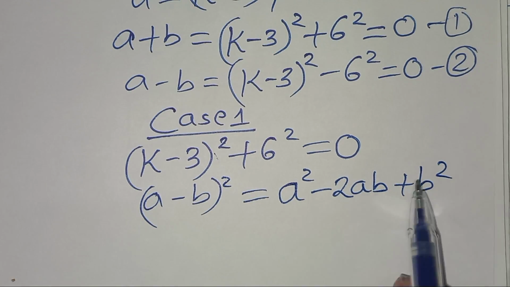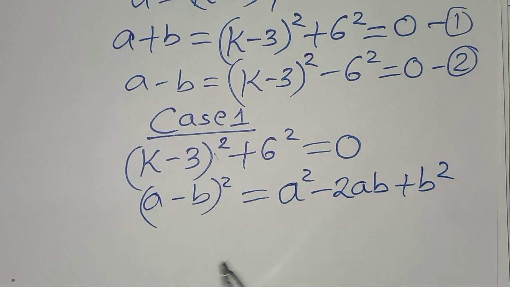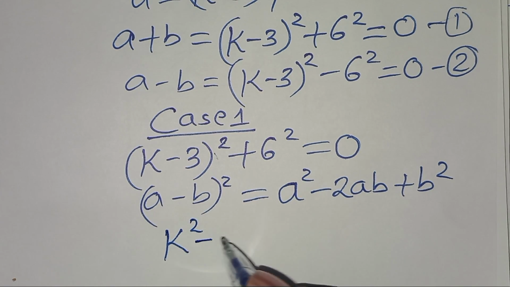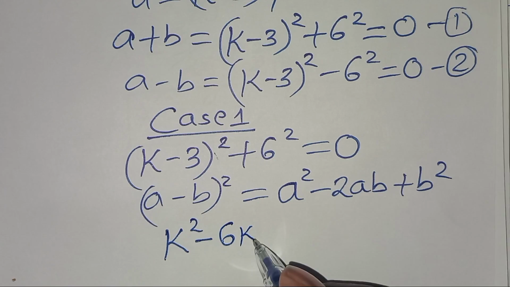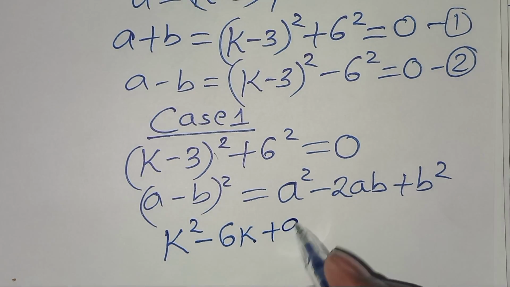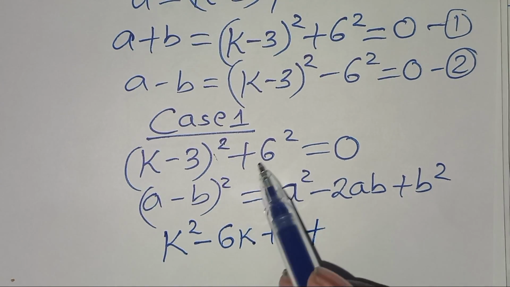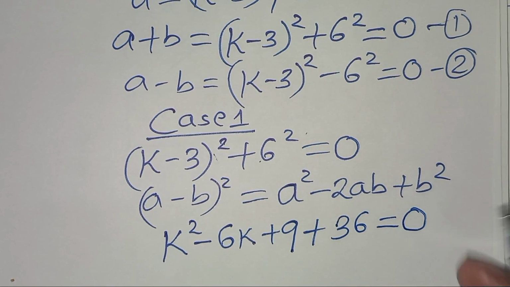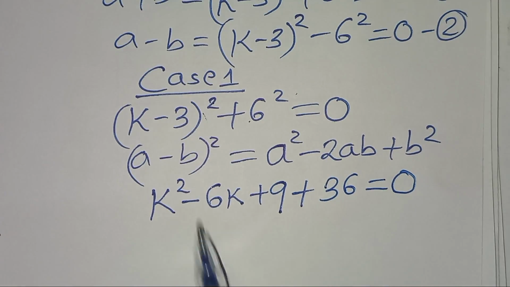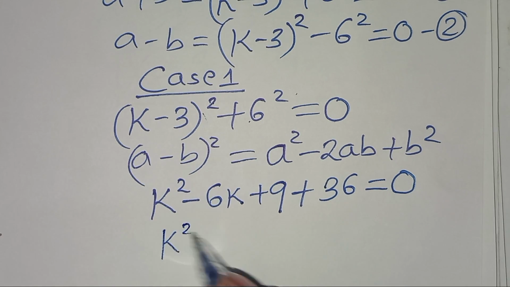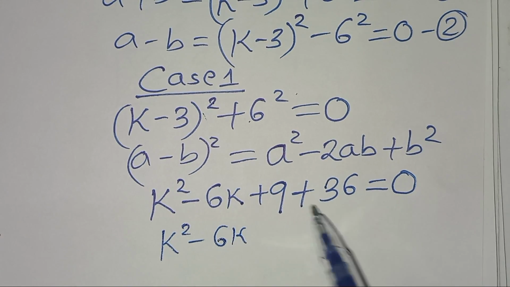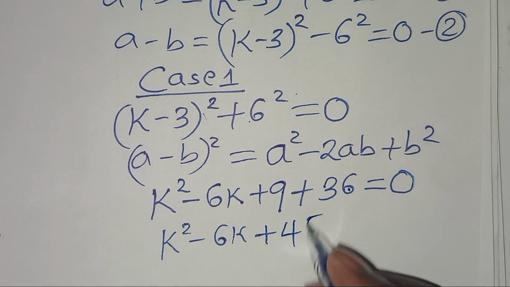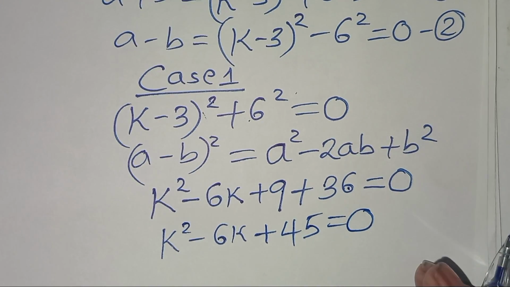Applying this algebraic identity, we have k minus 3 squared expressed as k squared subtract 6k plus 9, plus 6 squared, which is 36, equal to 0. Now the next step here, we have k squared subtract 6k. Now here we have 9 plus 36, and this is actually equal to 45, equal to 0.